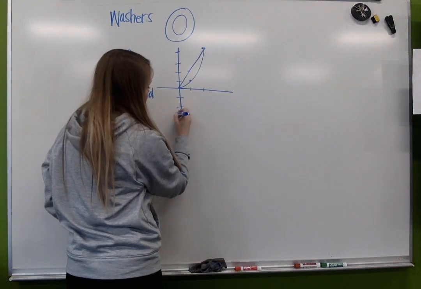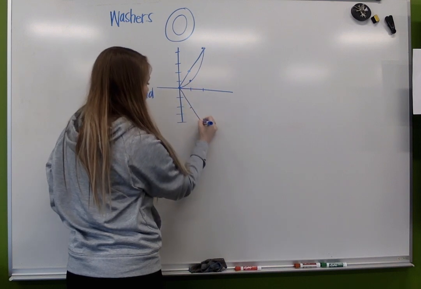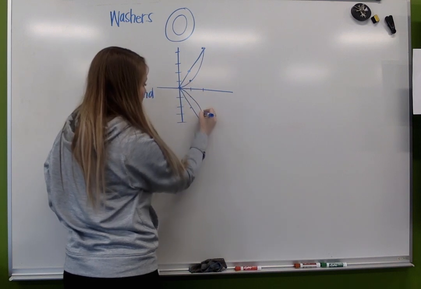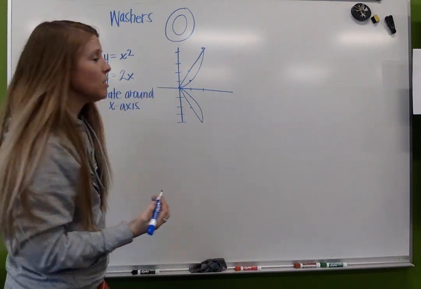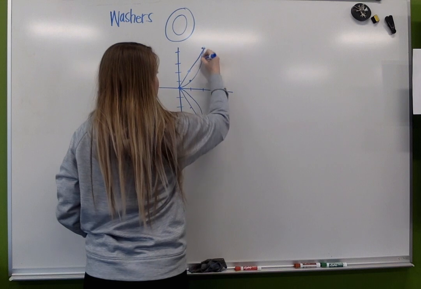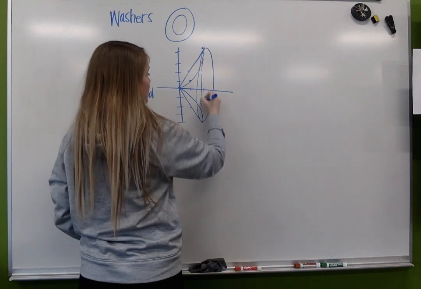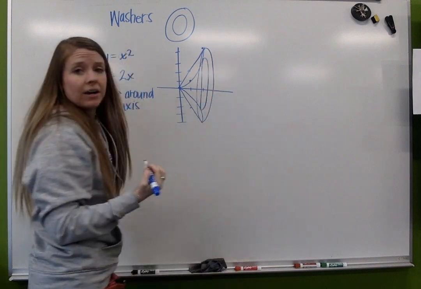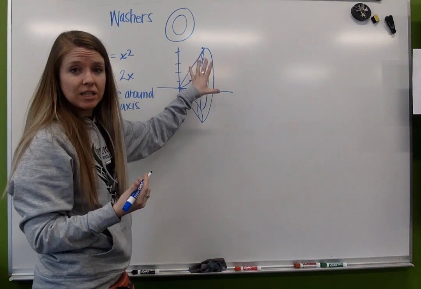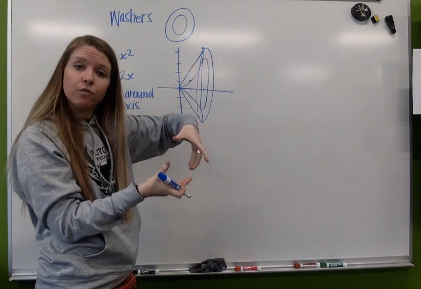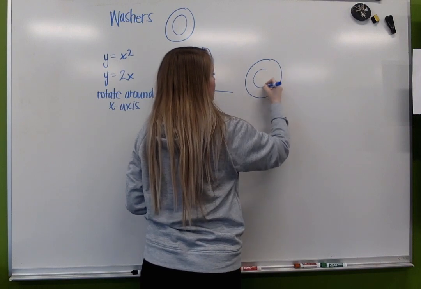So we end up seeing that reflection like such. Okay? Kind of hard to visualize, but what's happening is we can see here, we've got the area on the outside, and then the area missing on the inside. So my cross section here, instead of being a disc, a full circle, it actually gets hollowed out.